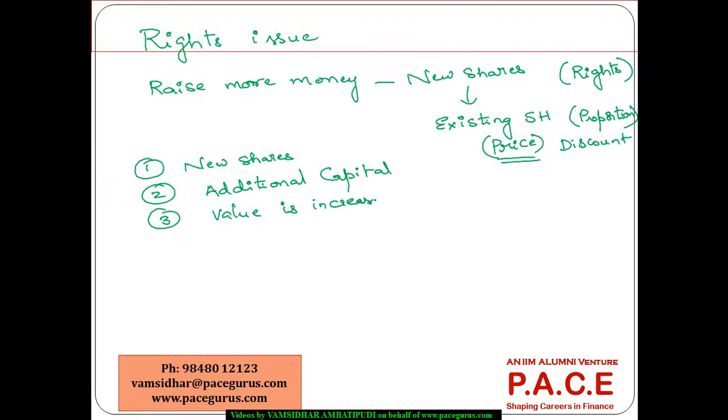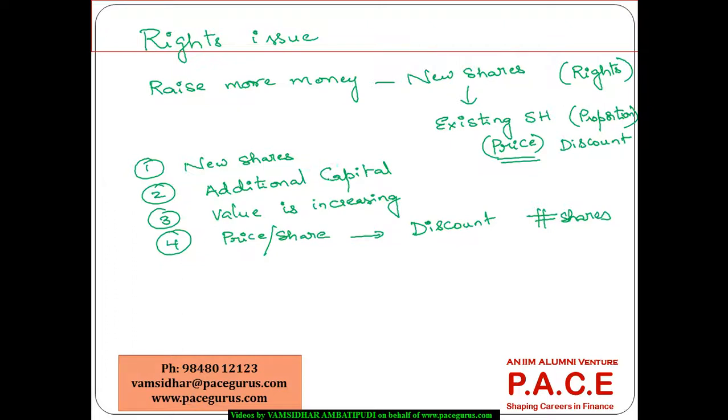Along with the current position, new capital has also come in. So the value is increasing, but the price per share would be decreasing. It would purely be based on what discount has been offered, and how many shares have been offered at that particular rate of discount. All these will typically drive the fall in price following a rights issue.